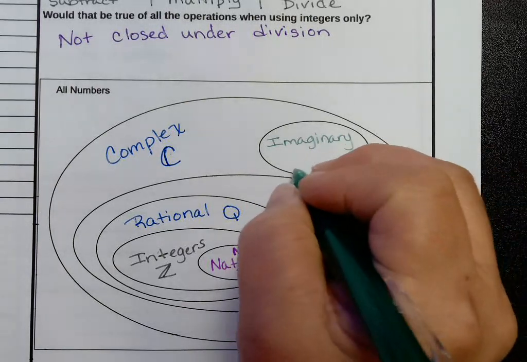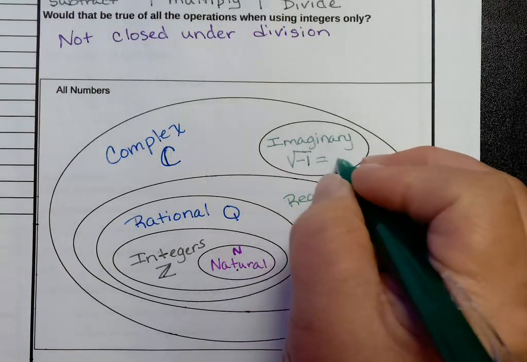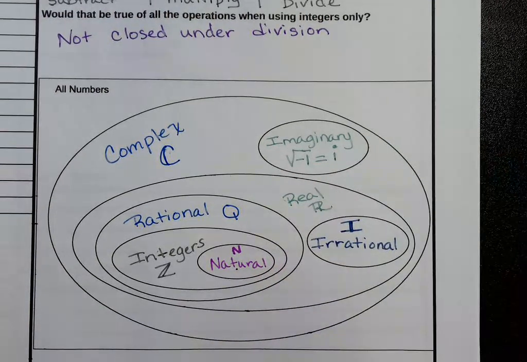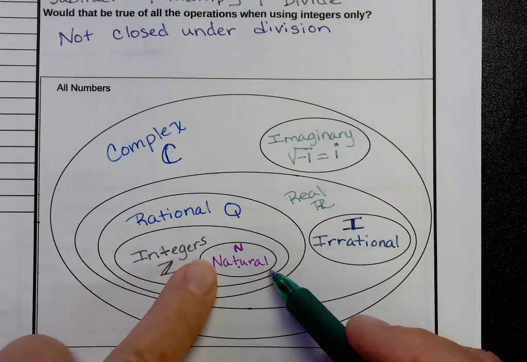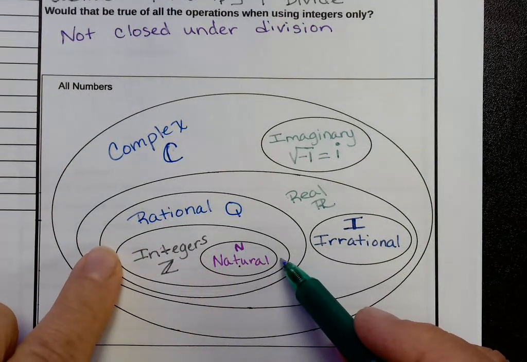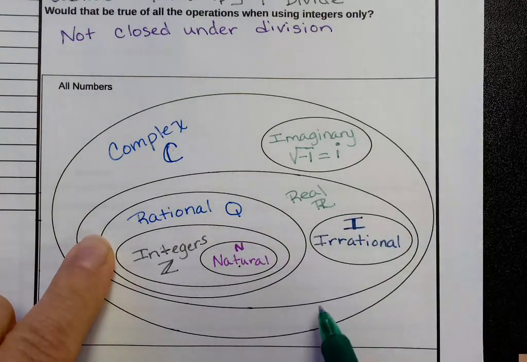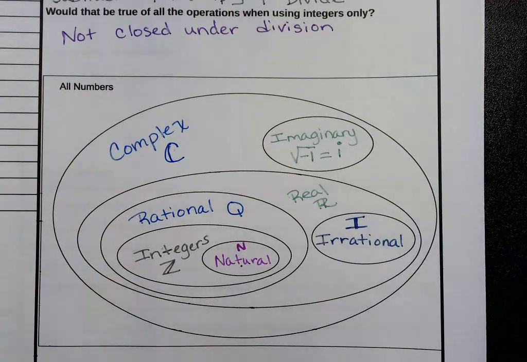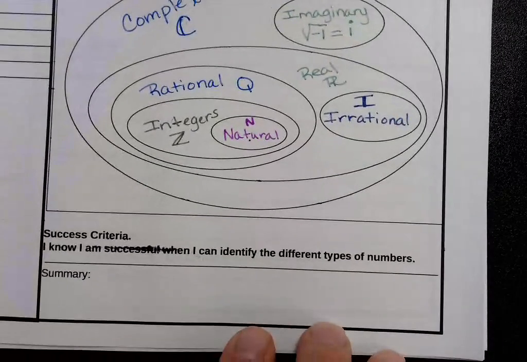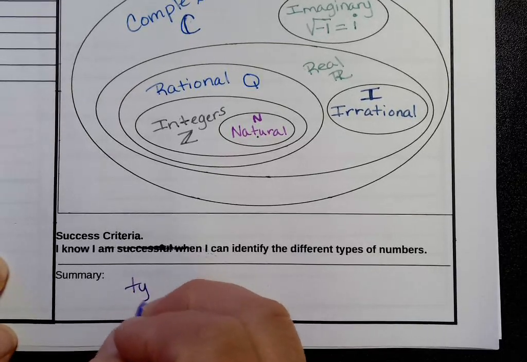Now the imaginary part is the square root of -1 is equal to i. So as you see, we start with the smallest. We learn to count. Then we add positive and negatives. Then we add our fractions and decimals. Then we add everything else, including pi. Complex and imaginary are some of the last things we learn about. So I know I am successful when I can identify the different types of numbers. And these are the types of numbers.